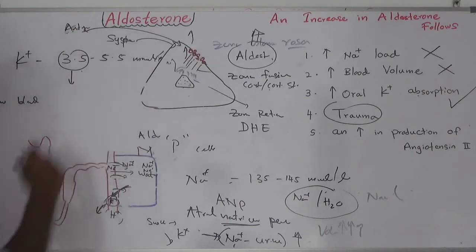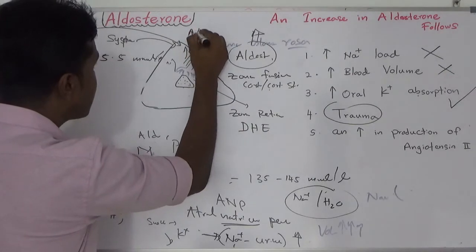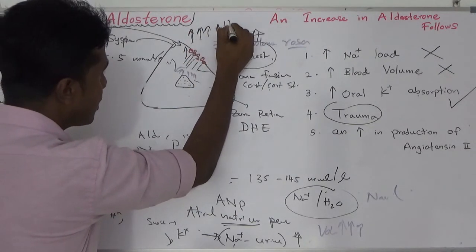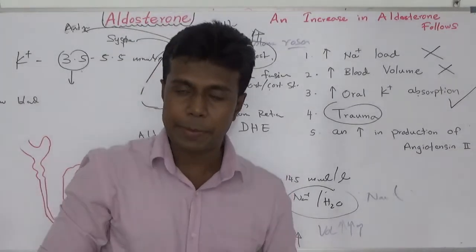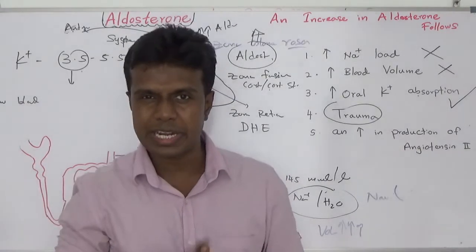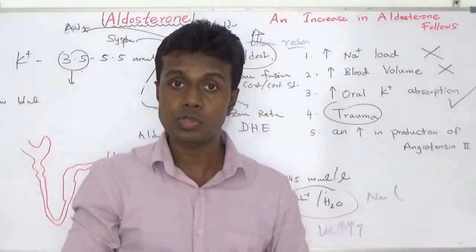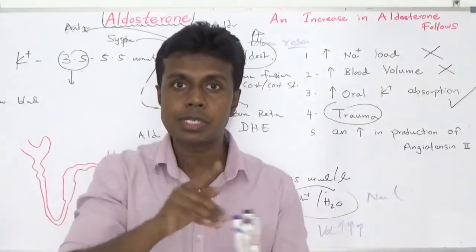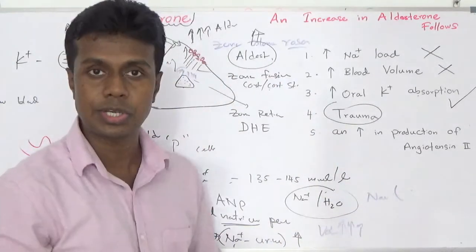You can produce more and more aldosterone. If you find a patient with trauma, definitely that patient has a little bit of high aldosterone in their blood.